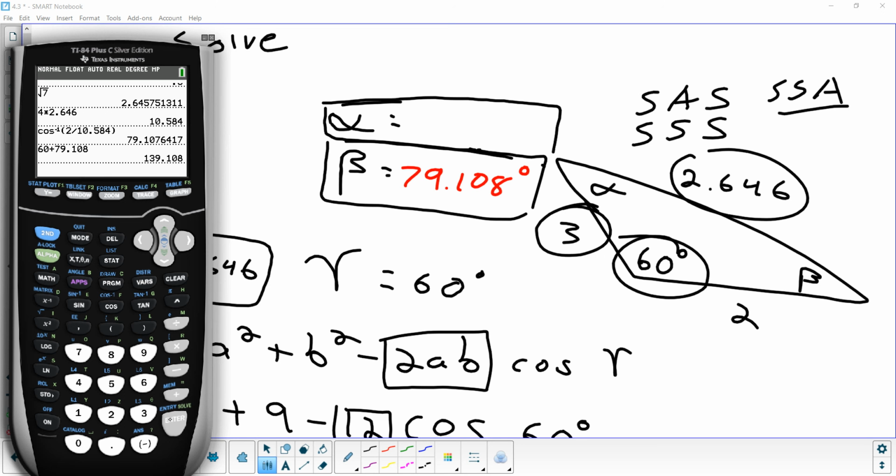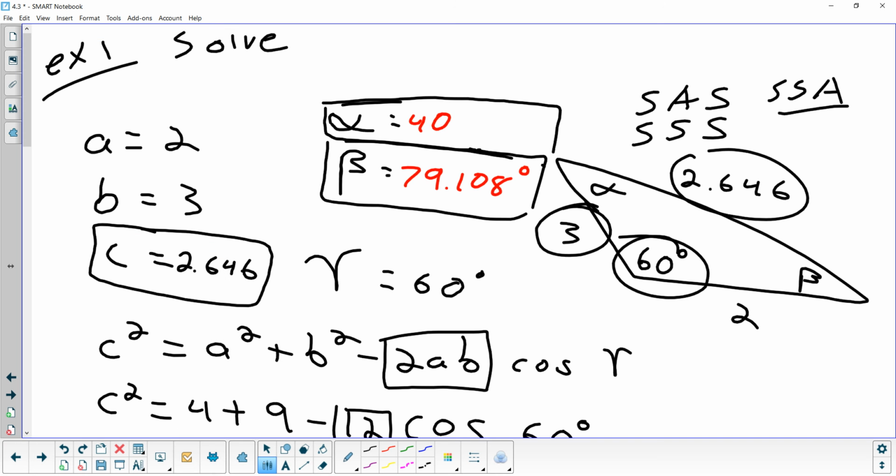And what do you want to do with that? Yep. Subtract that from 180. So if I subtract it, I get 40.892. And that's a law of cosines problem.